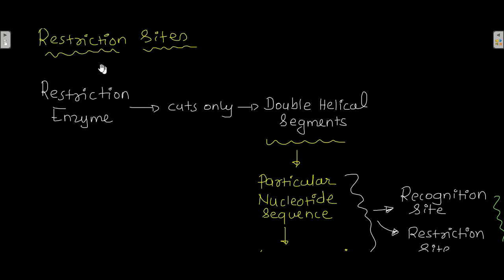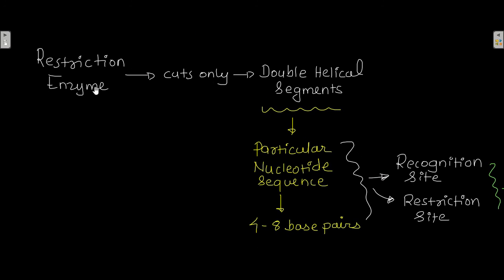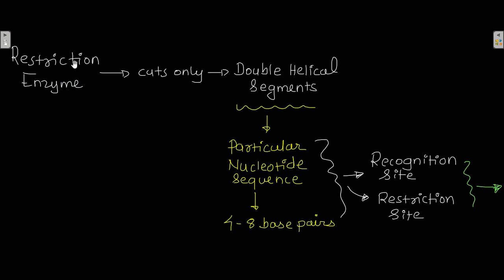Now let's discuss restriction sites. A restriction enzyme doesn't go and cut randomly. It cuts only at double helical segments of a particular nucleotide sequence of 4 to 8 base pairs, which are known as recognition sites or restriction sites. The restriction enzyme will only cut at the recognition site, which is a particular nucleotide sequence of 4 to 8 base pairs in the double helical segment.